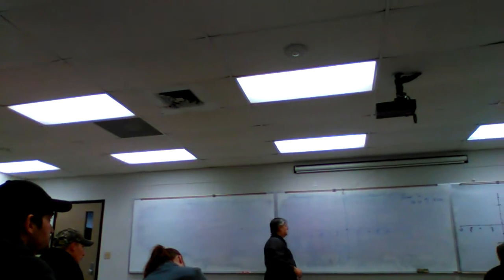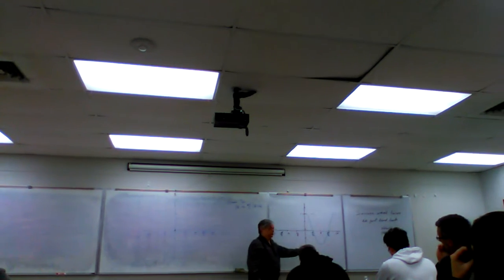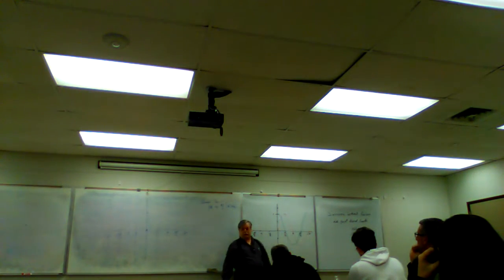Now, that means at pi over 2, we don't know what tangent is. It does not have a value at pi over 2. But what if we were just a little bit before we got to pi over 2?